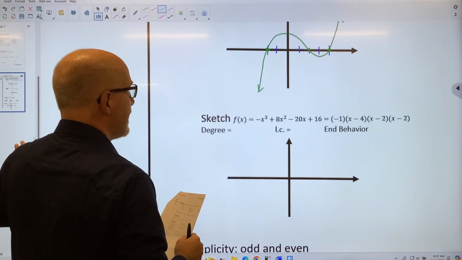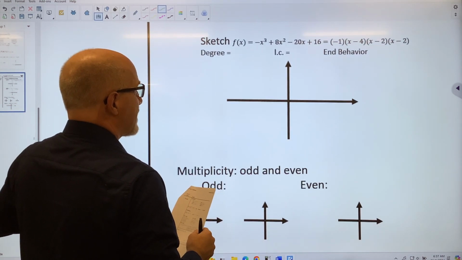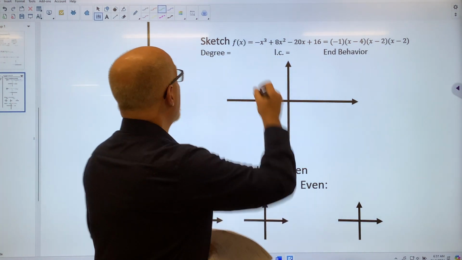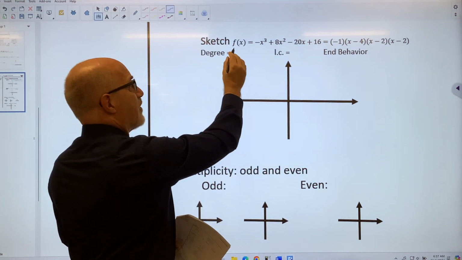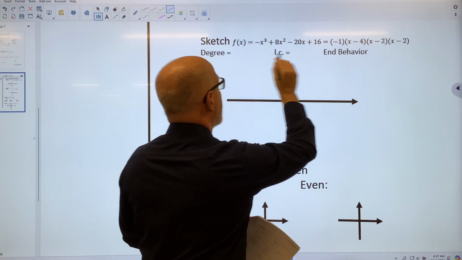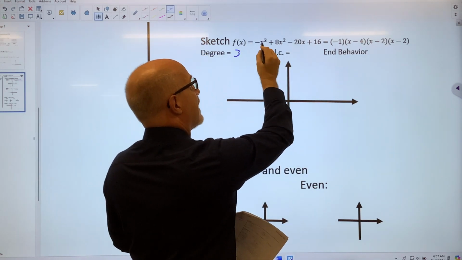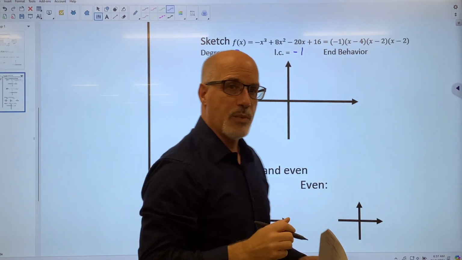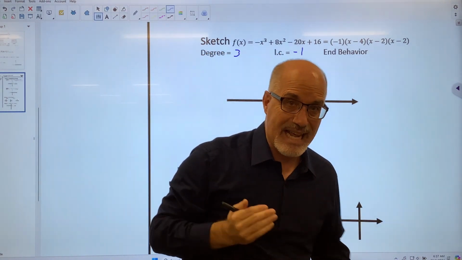All right, so let's see if we can continue that idea down here with another one. We're going to talk about sketching this graph. First of all, on this one, the degree is still equal to 3. The leading coefficient is -1 at the beginning, so this one will start up and end down.